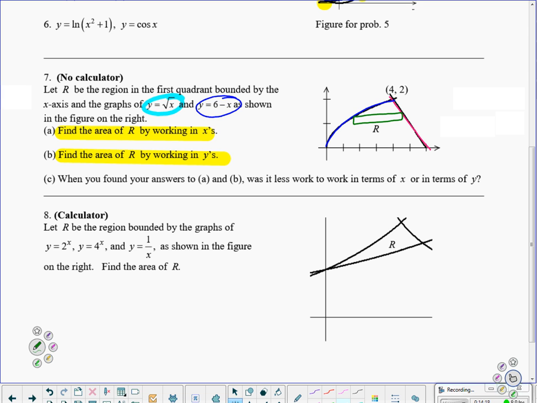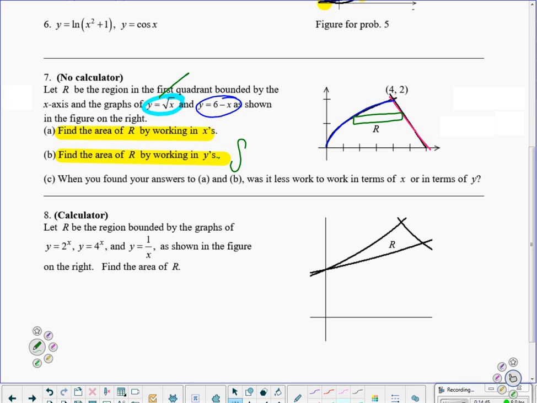And so I think when I'm working in y, I can work with only one integral. Right minus left, for me the red function is the linear function, 6 minus x. Take away the blue function, square root x. Ooh, dang it, I can't do that. I can't have it in terms of x if I'm going horizontally, can I?